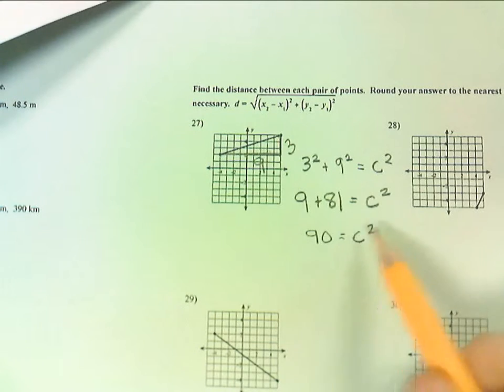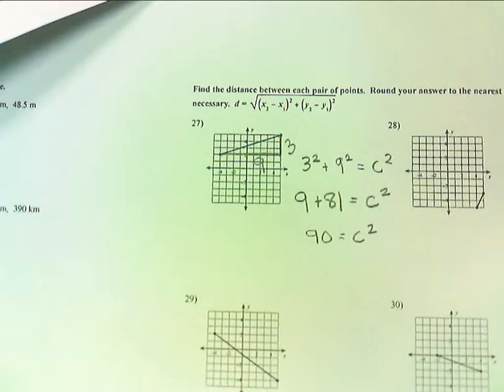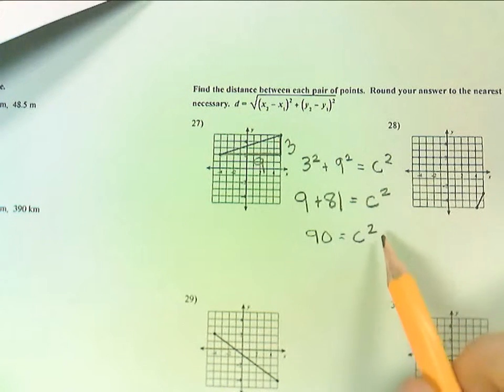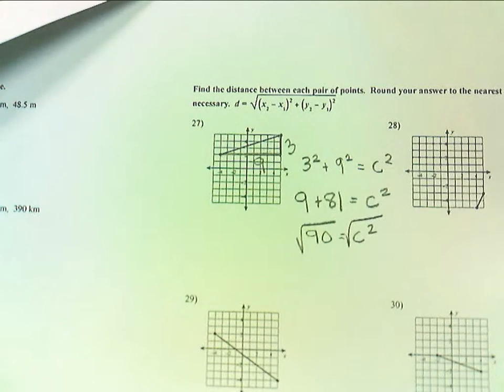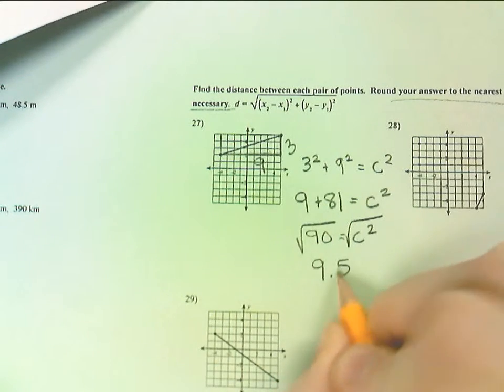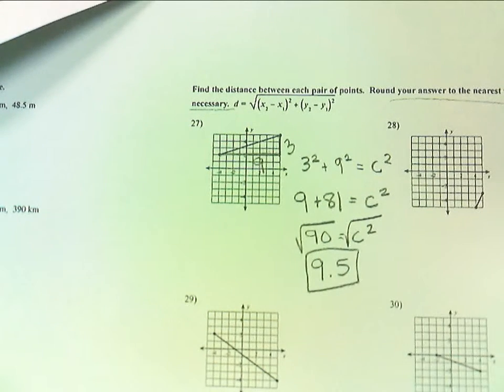We don't have C by itself yet. In order to get C by itself, we have to do the opposite of C squared, which is the square root. So we take the square root of 90, which is 9.48. Because it's 4/8, we're going to round it up to the nearest tenth, 9.5. That's what it says to do in the directions, round to the nearest tenth. So the answer is going to be 9.5 on number 27.